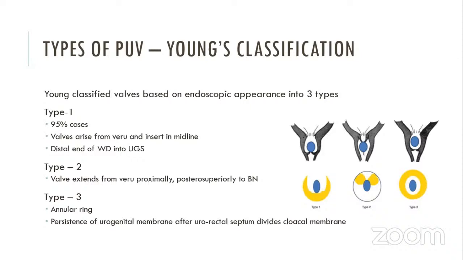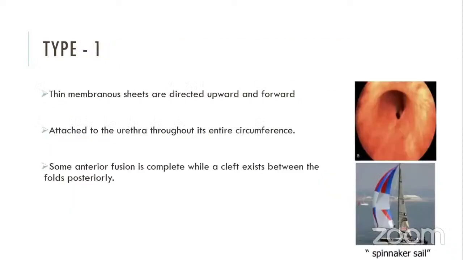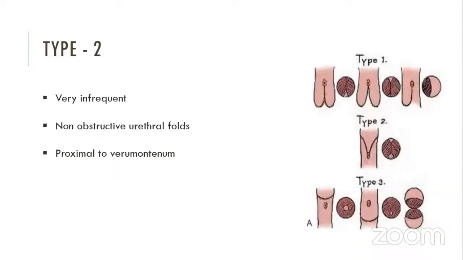It is a membrane sheet directed upwards and forwards, and anteriorly there is complete fusion, while a cleft lies between the folds posteriorly. Type 3 is very uncommon, in 5%. There is evidence that type 3 valves also have a worse prognosis.